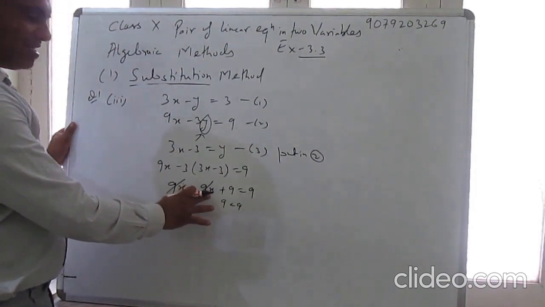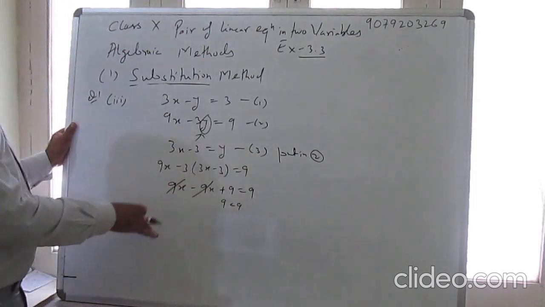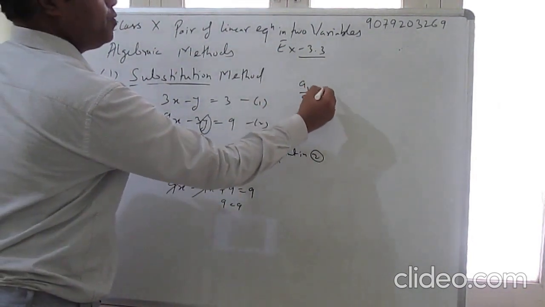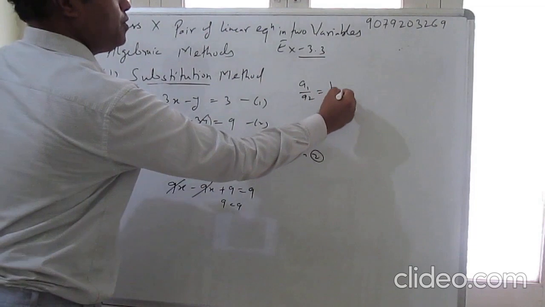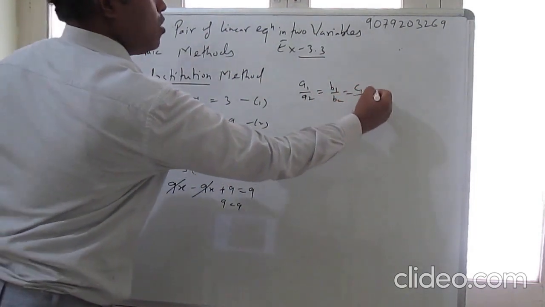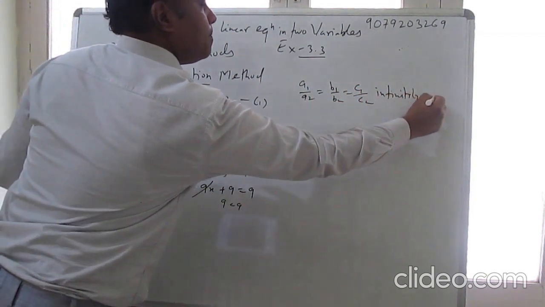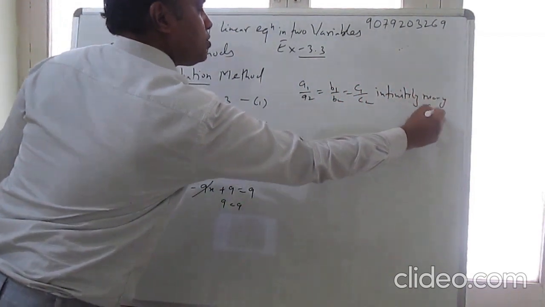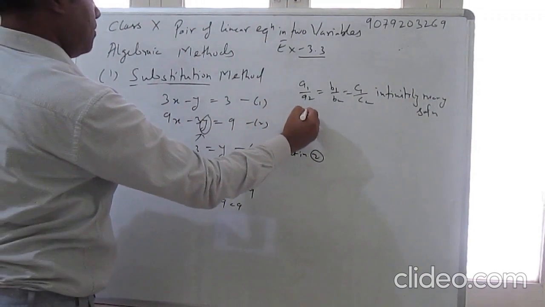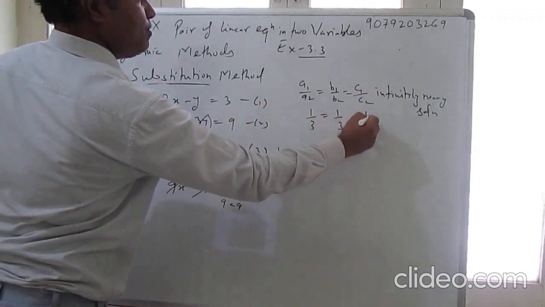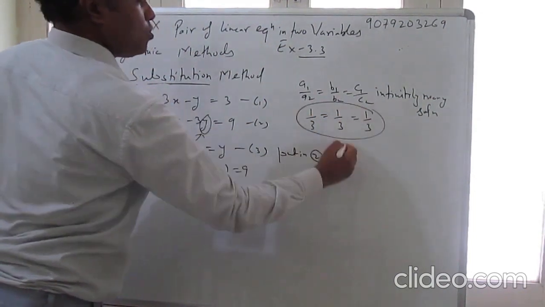It means there are many solutions. See here, you know the condition that if a1 upon a2 equals b1 upon b2 equals c1 upon c2, how many solutions are there? Infinitely many solutions. So see here, 3 upon 9 is 1 upon 3, minus 1 upon minus 3 is 1 upon 3, and 3 upon 9 is 1 upon 3.